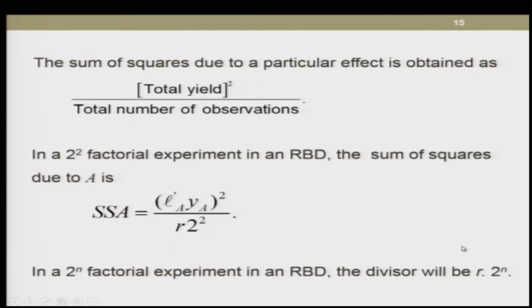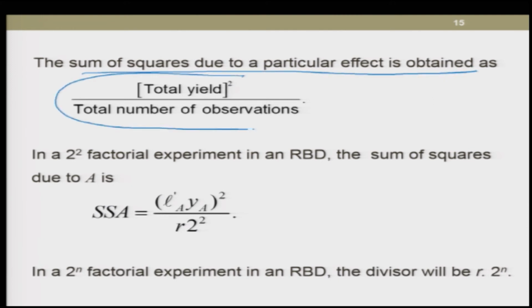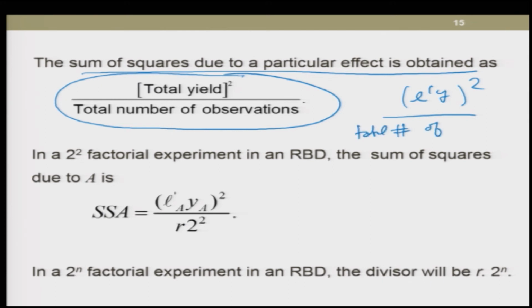Once you have obtained this estimate in the form of L transpose y, then the sum of squares due to any particular effect is obtained as the total yield whole square divided by the total number of observations. That is simply L transpose y, the entire function, whole square divided by the total number of observations.